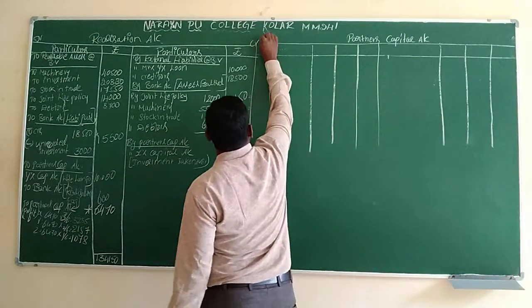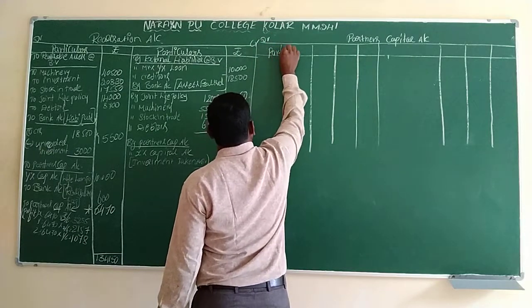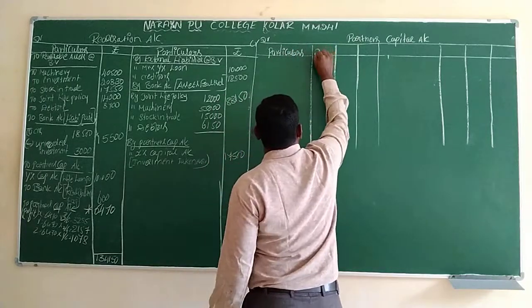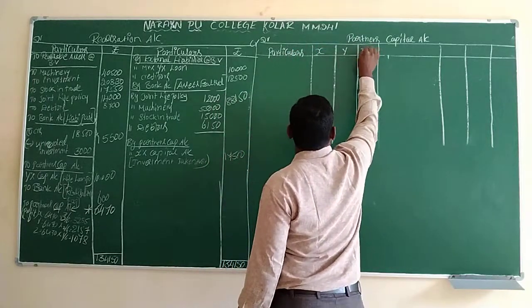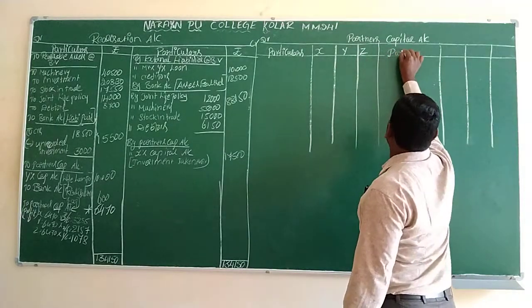So we will write the transaction particulars. And X, Y, Z. And the credit side again particulars.